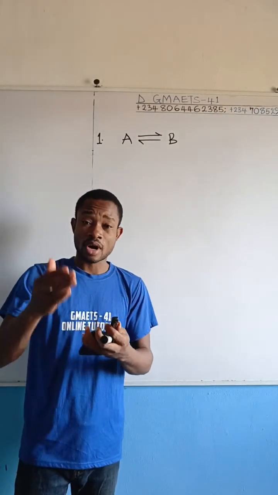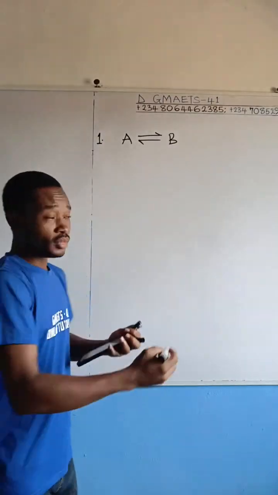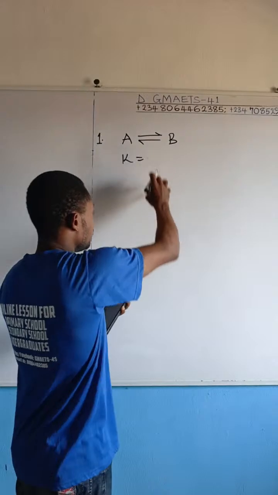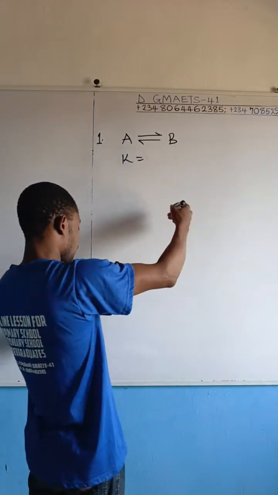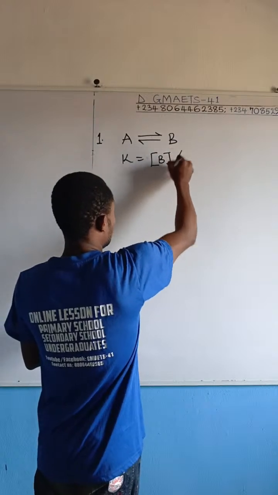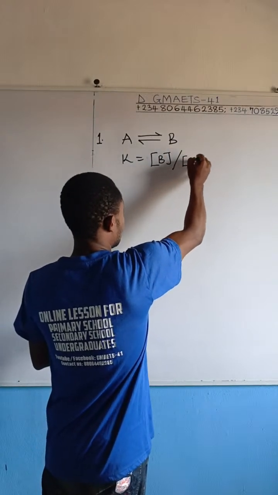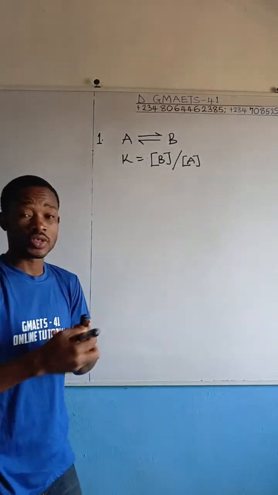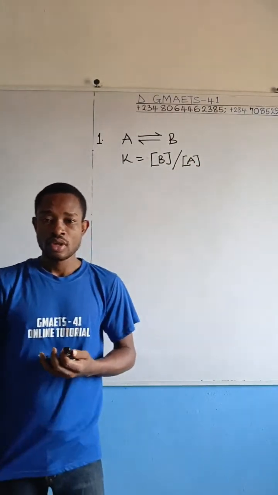So the equilibrium constant K is given as what? The question goes further to say the equilibrium constant is given as concentration of B divided by concentration of A. That square bracket as used here means concentration.